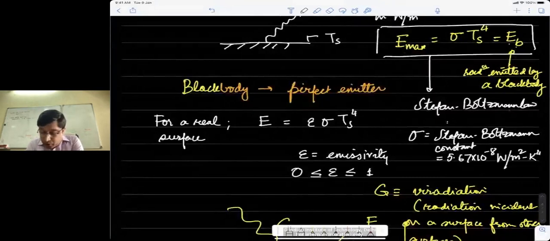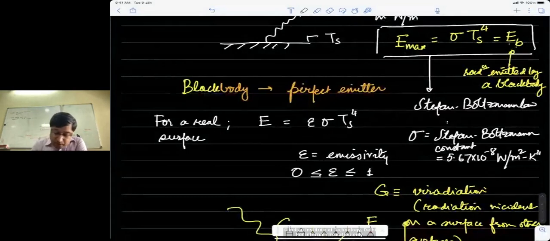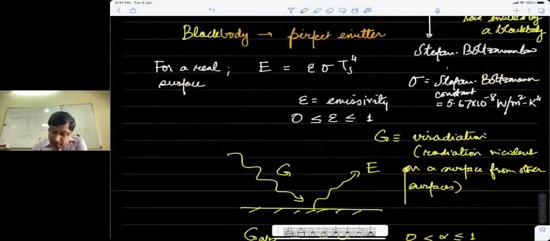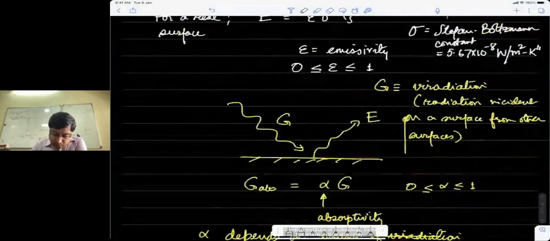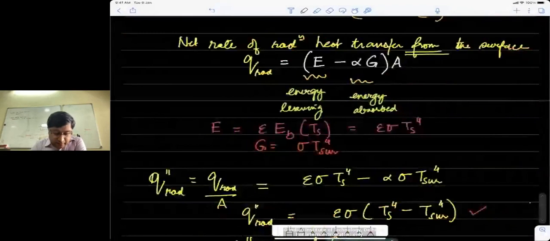I'm sure that you know this already, but just to reiterate and make sure we are clear, sigma is the Stefan-Boltzmann constant.